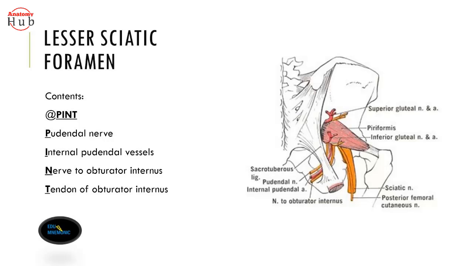That also gives a passage to the nerves and vessels that are mainly going towards the perineum. Mainly they are the internal pudendal nerve, artery, and vein, mainly the pudendal nerve, and the tendon of your obturator internus muscle, which passes through the lesser sciatic foramen.